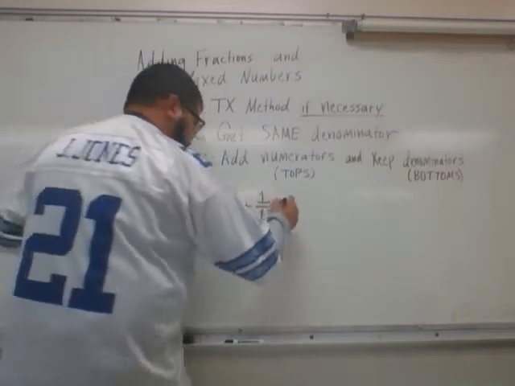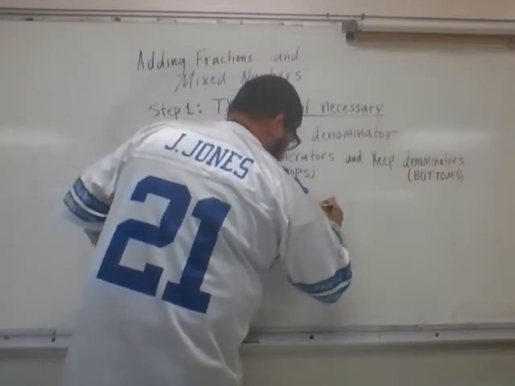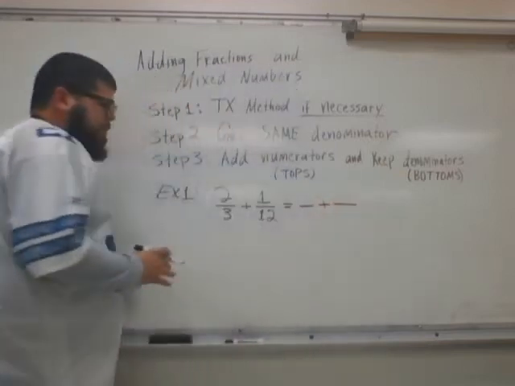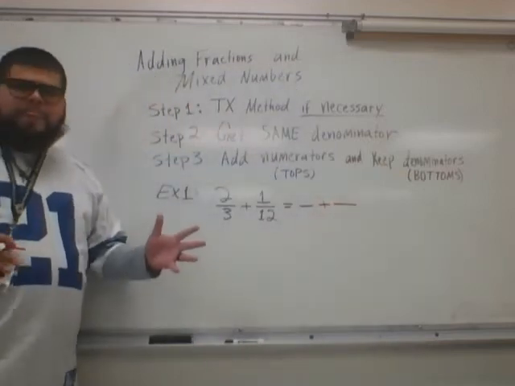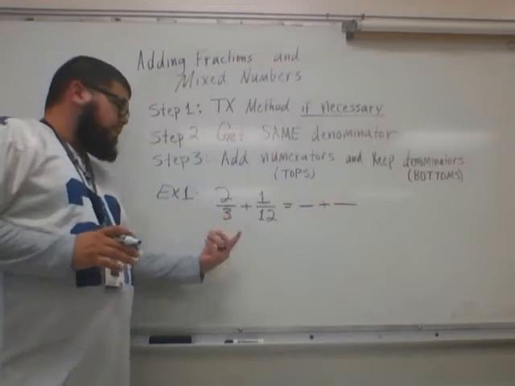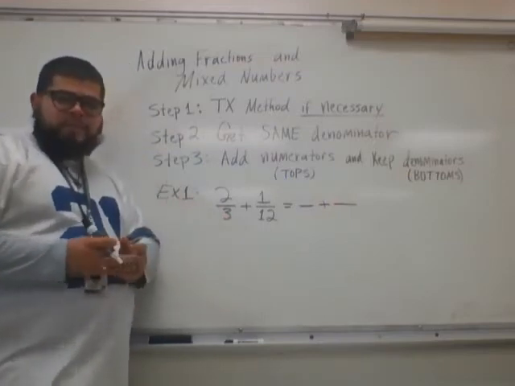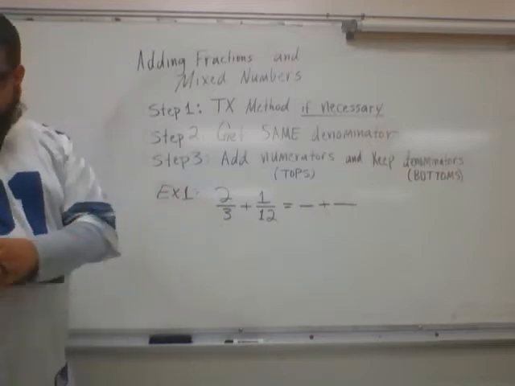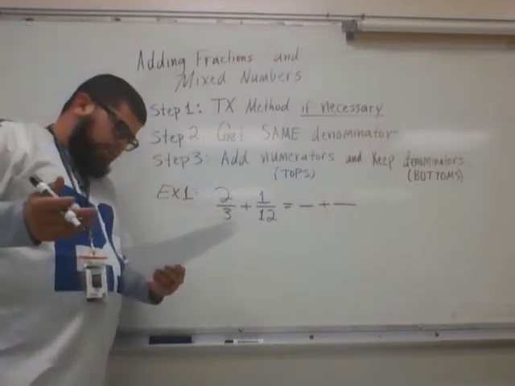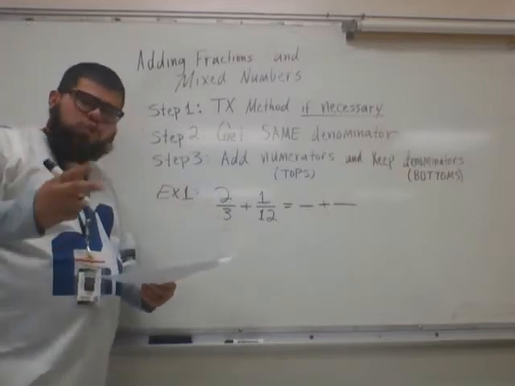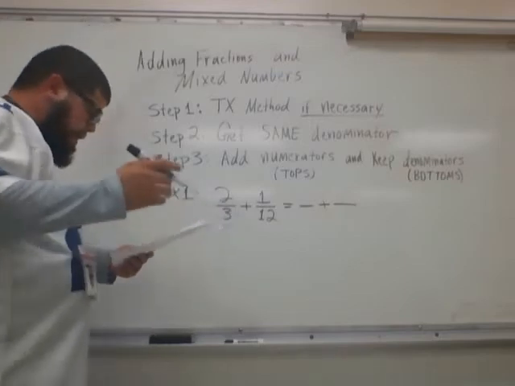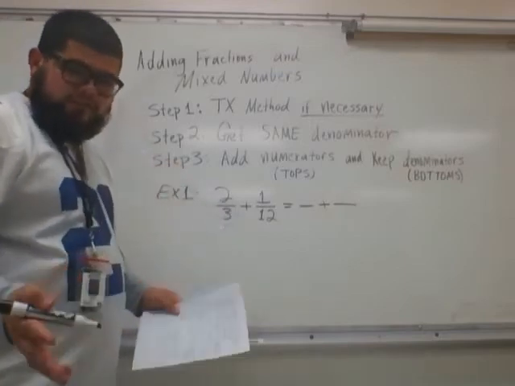So, there's a way for us to look at this problem and say, okay, for this problem in particular, we can use something called the LCD, right? We've got two ways of actually doing this. I've got different names for them.